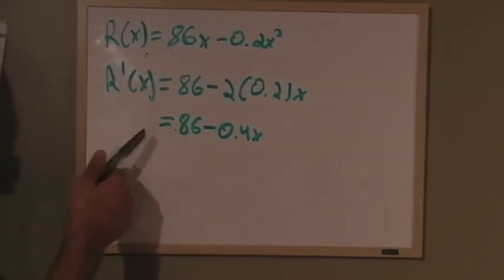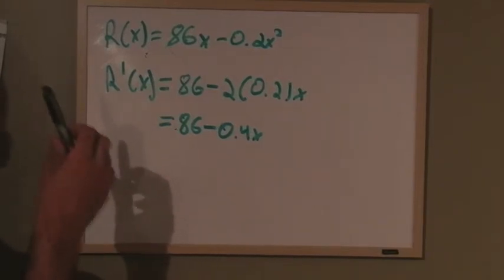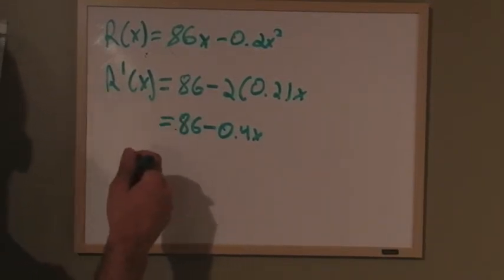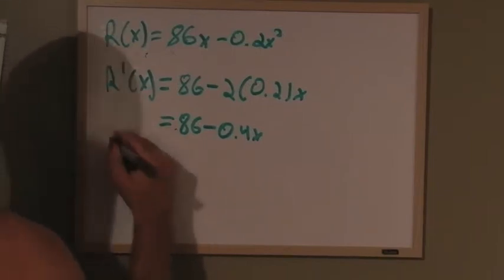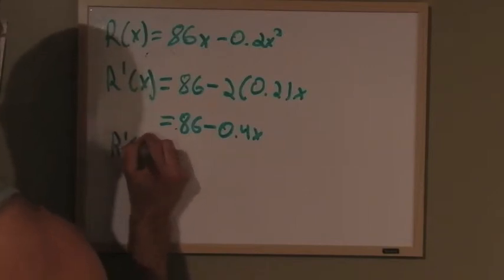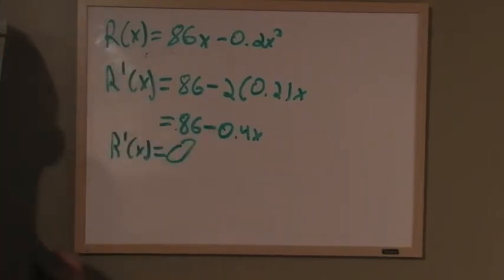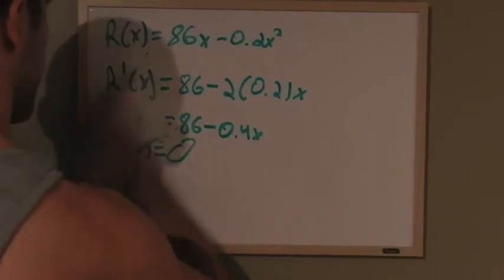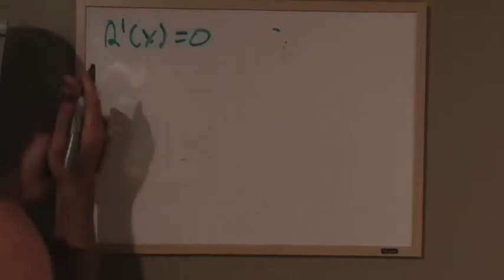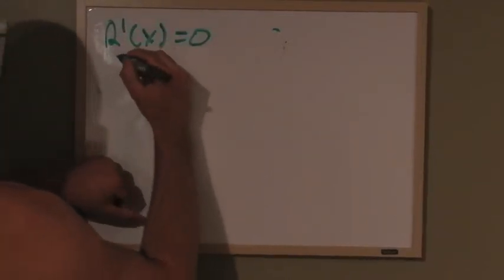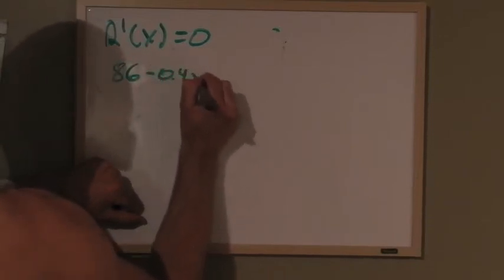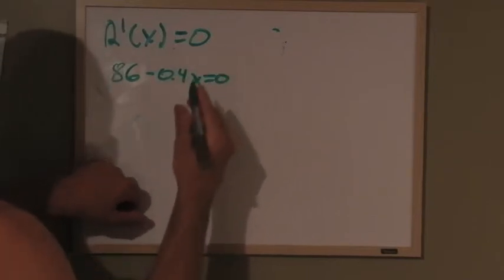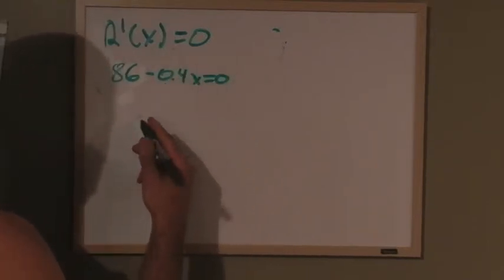We use this marginal revenue function to find the number of paint cans we want to sell in order to maximize profit. To do this, we set R prime of X equal to 0. So we have 86 minus 0.4x equal to 0, and then we solve for x.